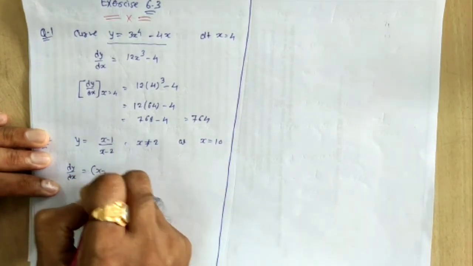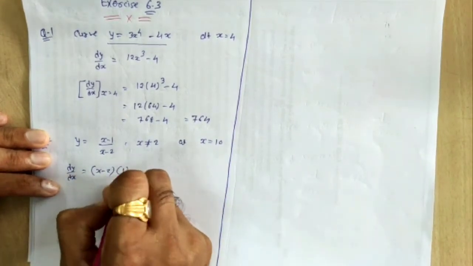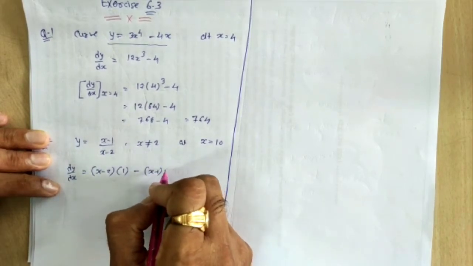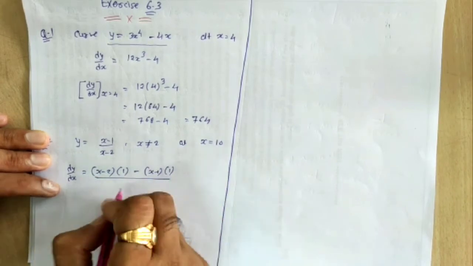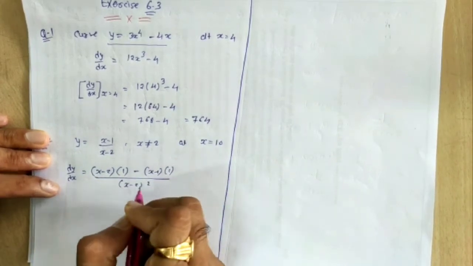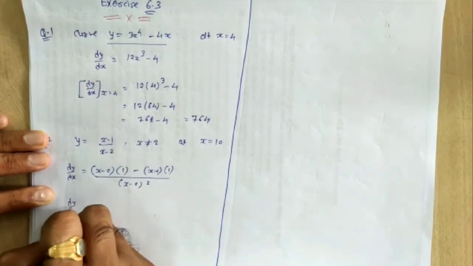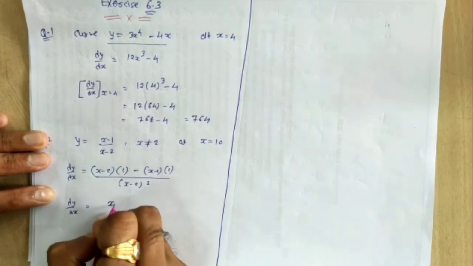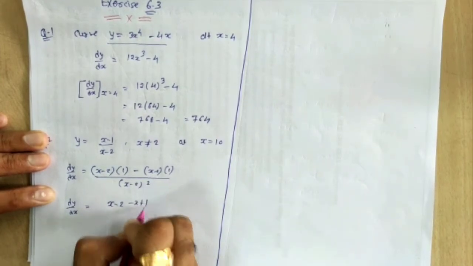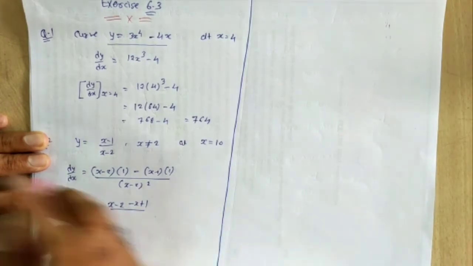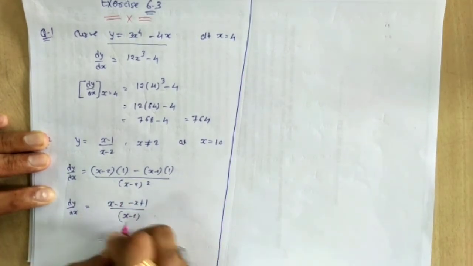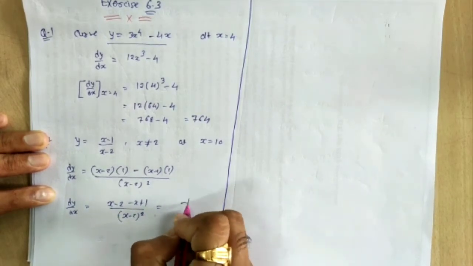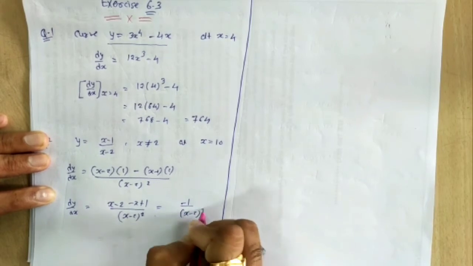Denominator as it is, x minus 2, differentiation of numerator which is 1, minus numerator as it is, differentiation of denominator which is 1, whole divided by x minus 2 whole square. So dy by dx will be x minus 2 minus x plus 1, divided by x minus 2 whole square. So x will be cut, and it will be minus 1 upon x minus 2 whole square.